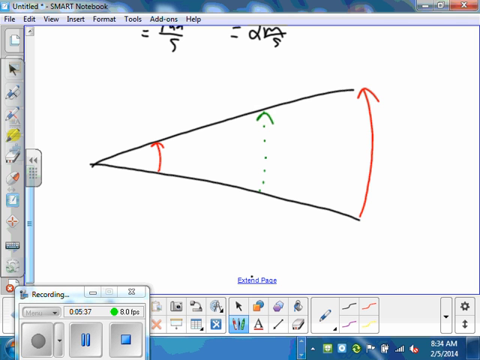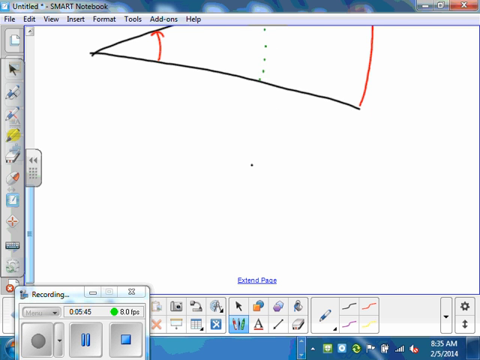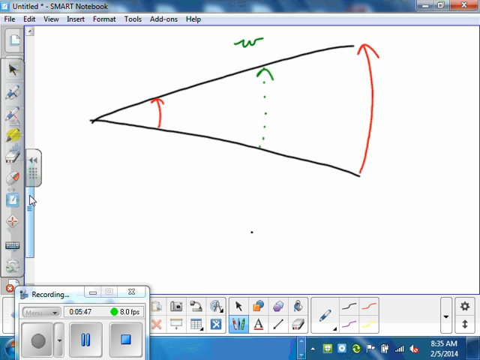So they both have the same angular velocity. Just for this problem, we're going to say that the angular velocity is 1 rad every second.